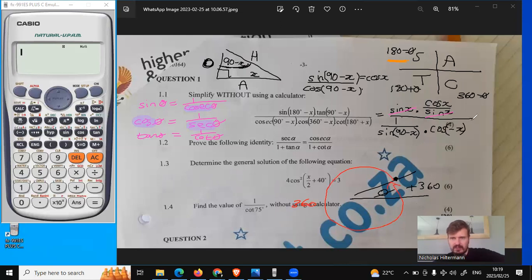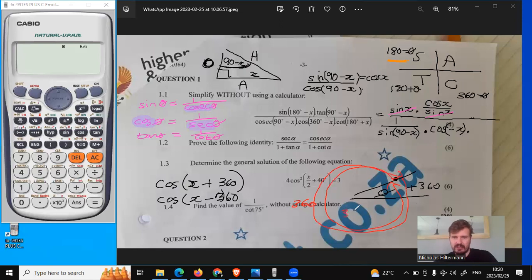Anytime you see 360, you must basically realize it's whatever comes after it. If you see cos x plus 360, that's just cos x. If I see cos x minus 360, that's also cos x, because I can go in either direction and still end up back.